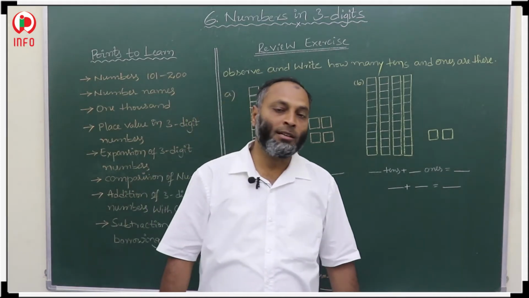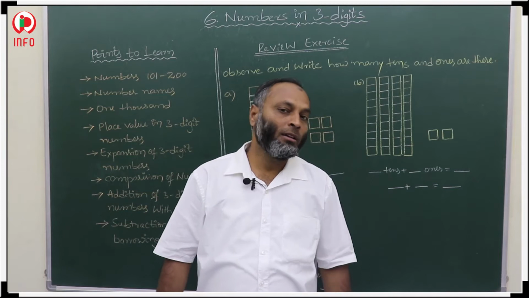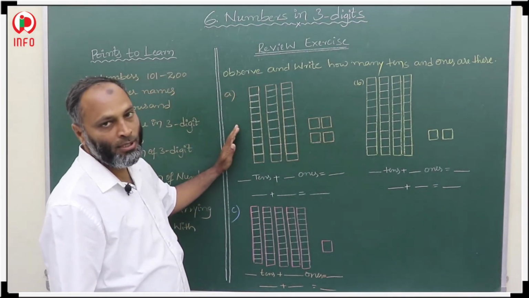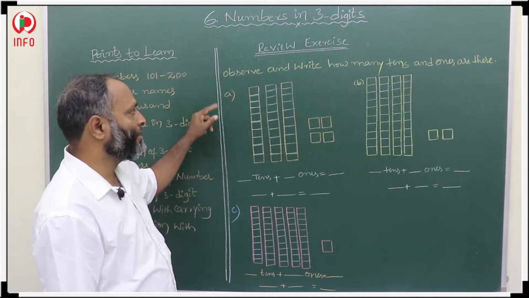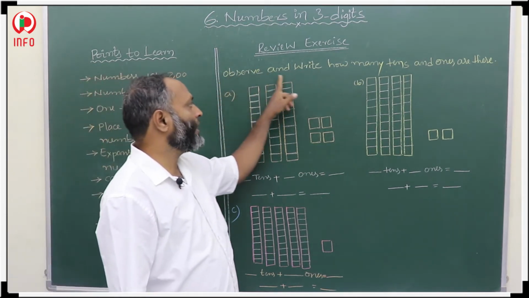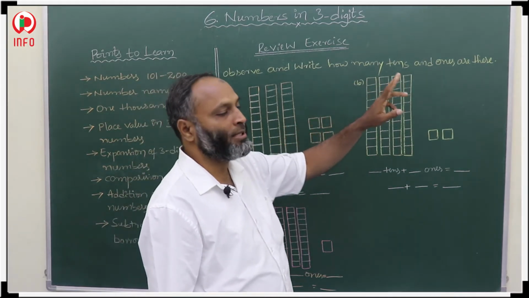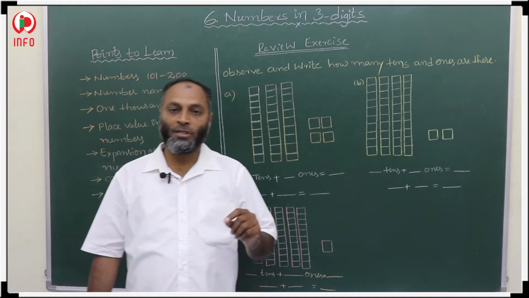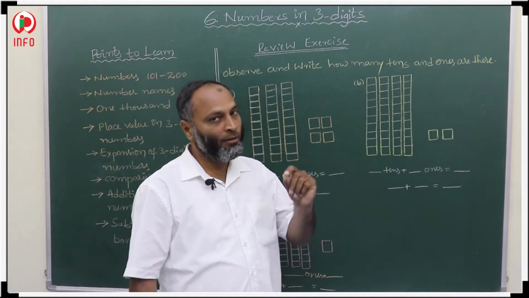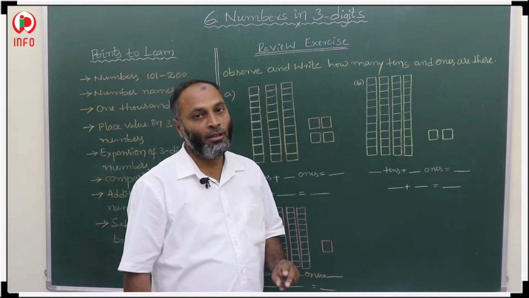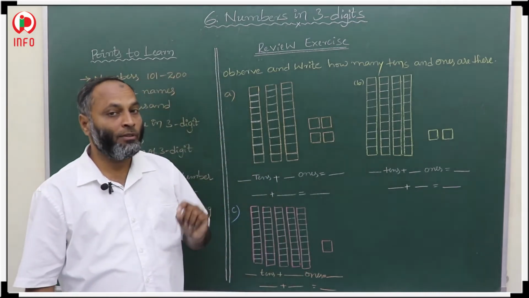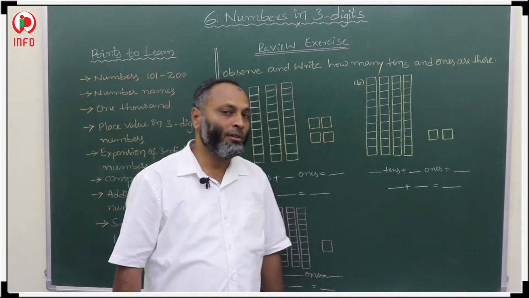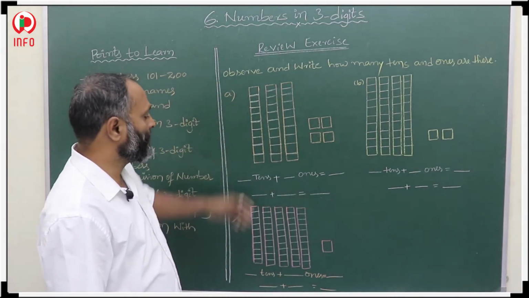First, see here, in our review exercise, the first question. What has he given? Observe and write how many tens and ones are there. First we have to observe, and after that we have to write the number.